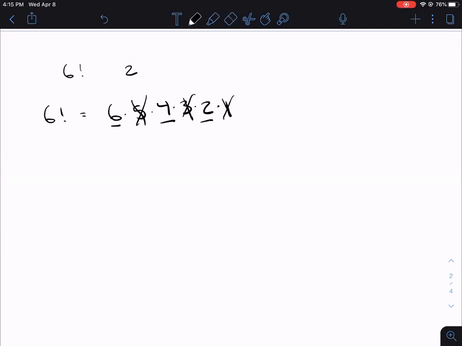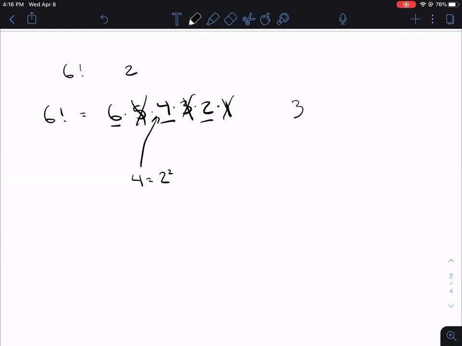So now one might just think that it's 3. But Hansen already said that it's 4. So why is this? Yeah, Aiden said it's because of the 4. It's because 4 is 2 squared. So this actually contributes 2 powers of 2 to this.